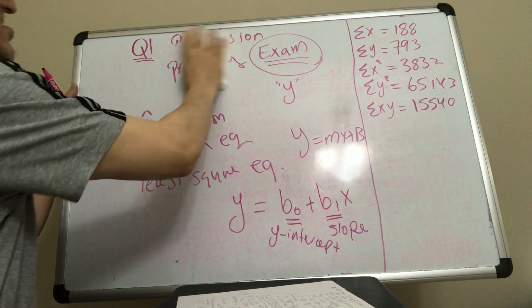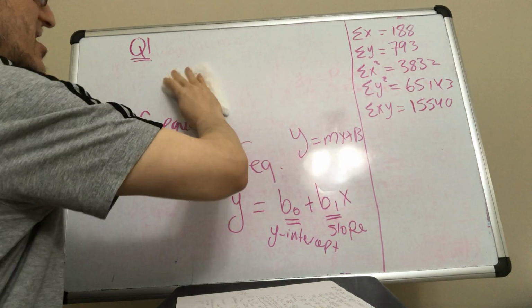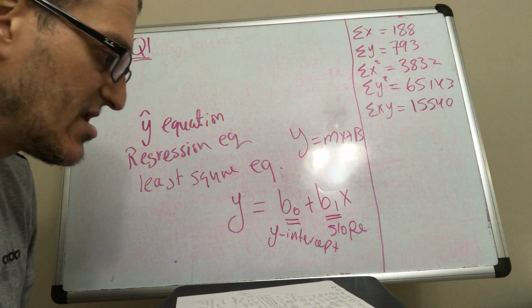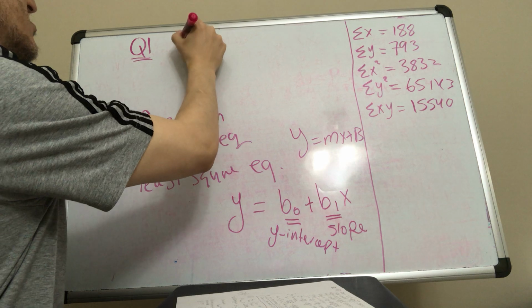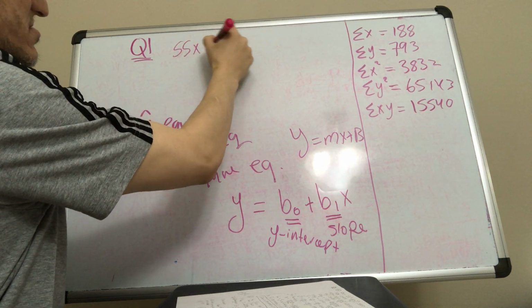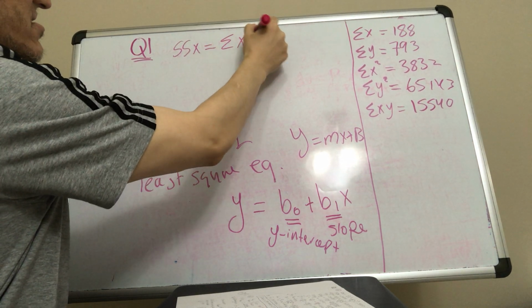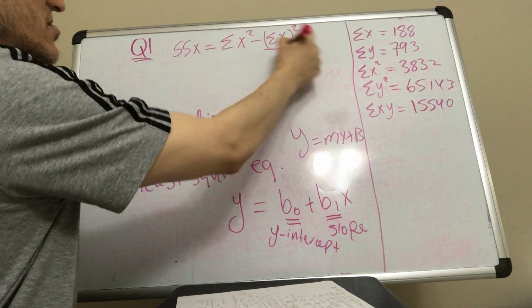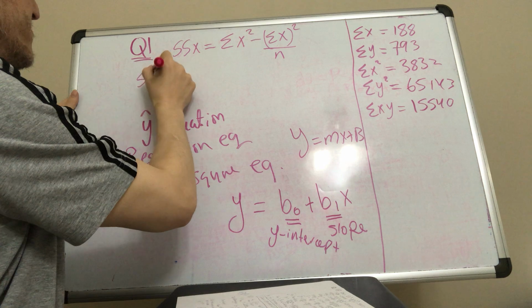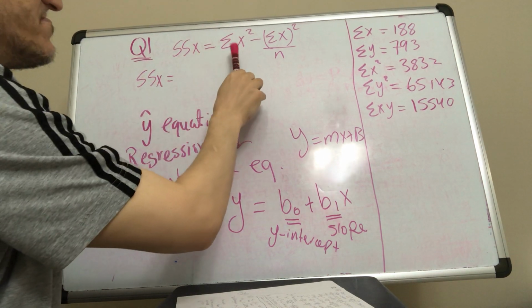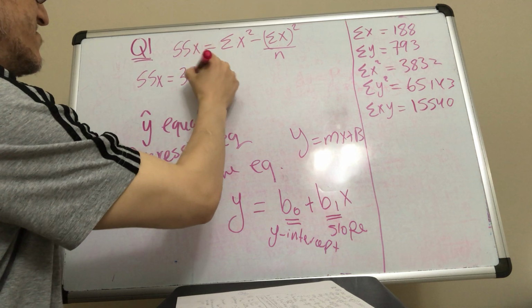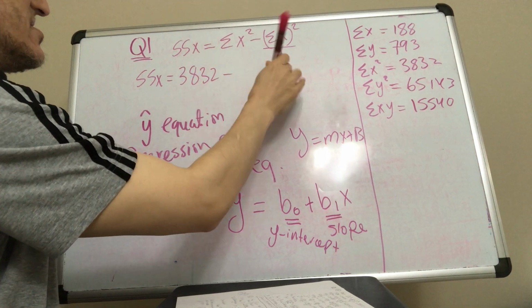Okay. To be able to calculate this, there are some formulas involved. The first formula is your SSX. It's the sum of x squared minus the sum squared over n. The sum of x squared, that's the 3832.